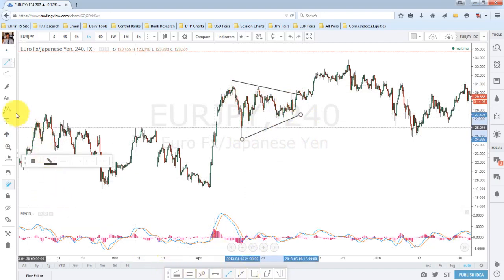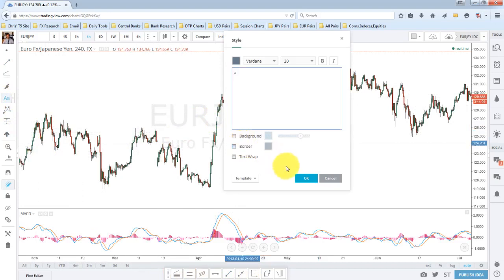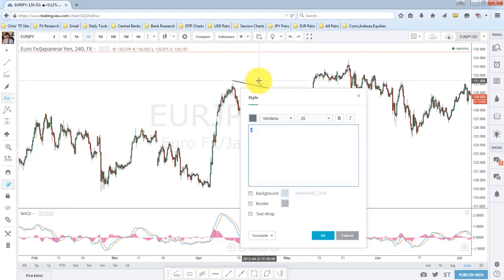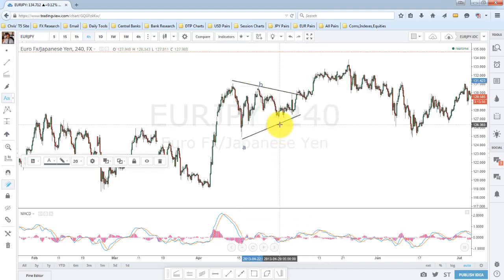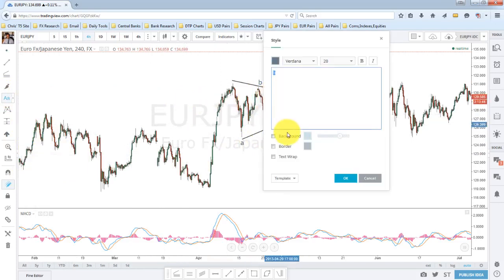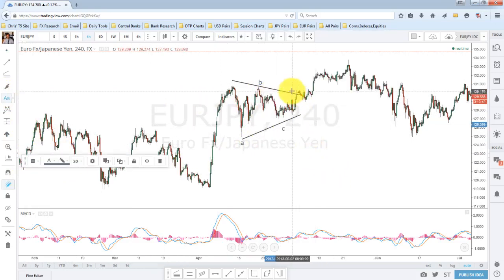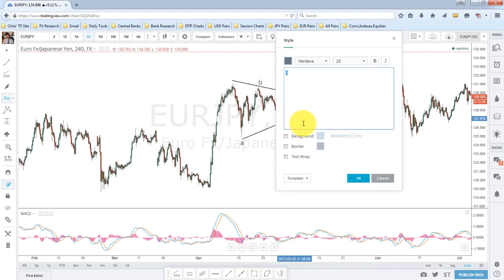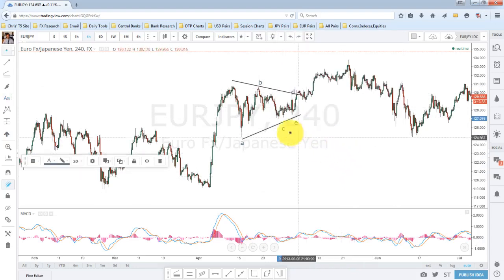I'll put some labels on this as well: A right here, B, C, D, and then this pullback right here, E. I'm using larger labels than I want to, but at least you can see them.